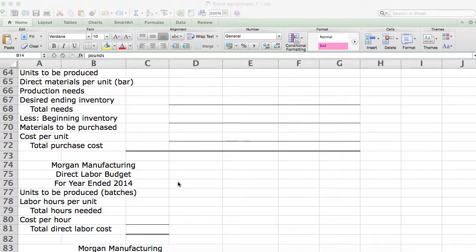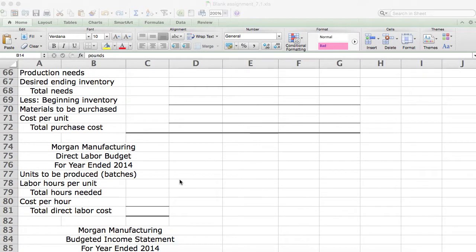We're beginning to near the end of our calculations. In row 78, we're now trying to calculate the direct labor budget. These are the labor hours that are needed for units to be produced, and it's produced in batch quantities. So again, remember that we talked about it's a 30-minute requirement per batch, $15 per hour.